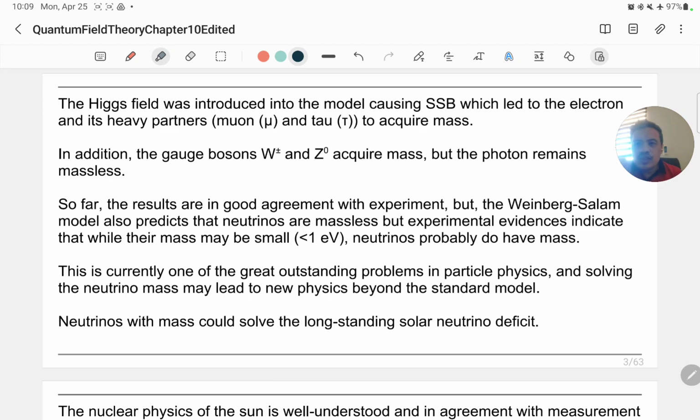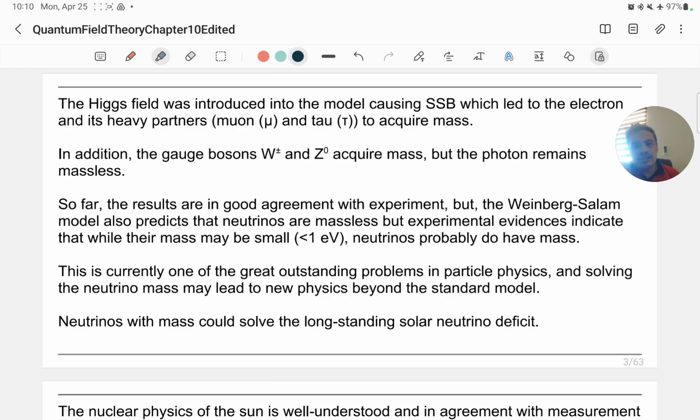In this theory, the Higgs field was introduced so that there will be a spontaneous symmetry breaking, and this SSB actually led to the masses of electron, muon and tau.